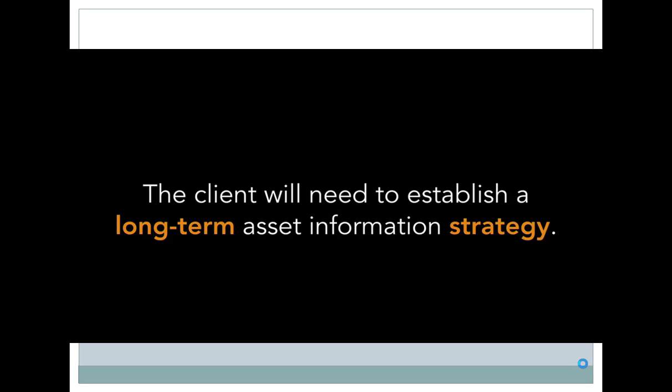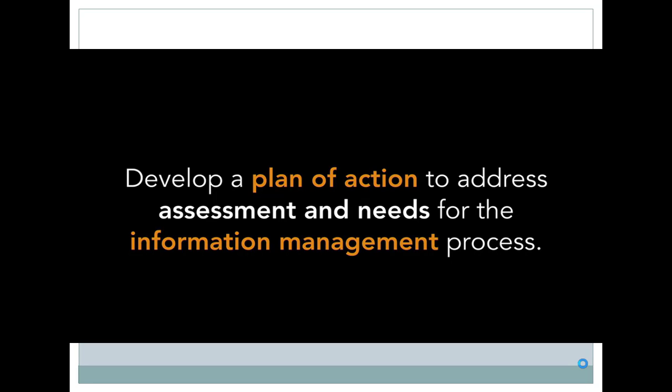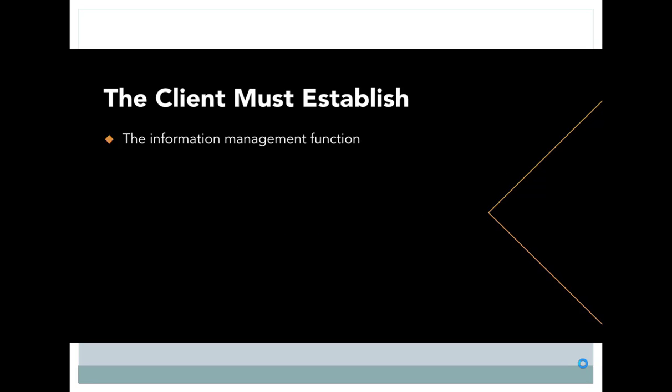As an example, let's look at a project, an extension of an existing hotel. We first develop a plan of action to address the assessment and needs for the information management process. For this, the client will need to appoint an individual to undertake the information management function.